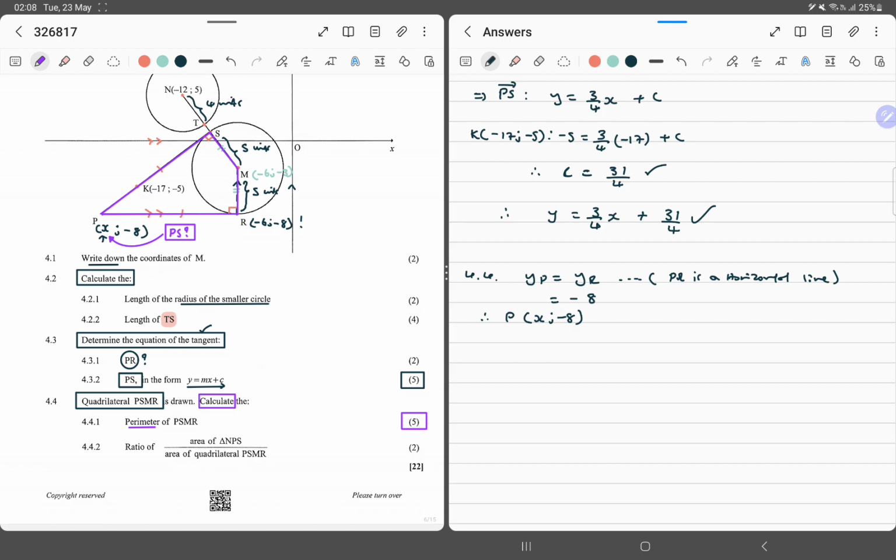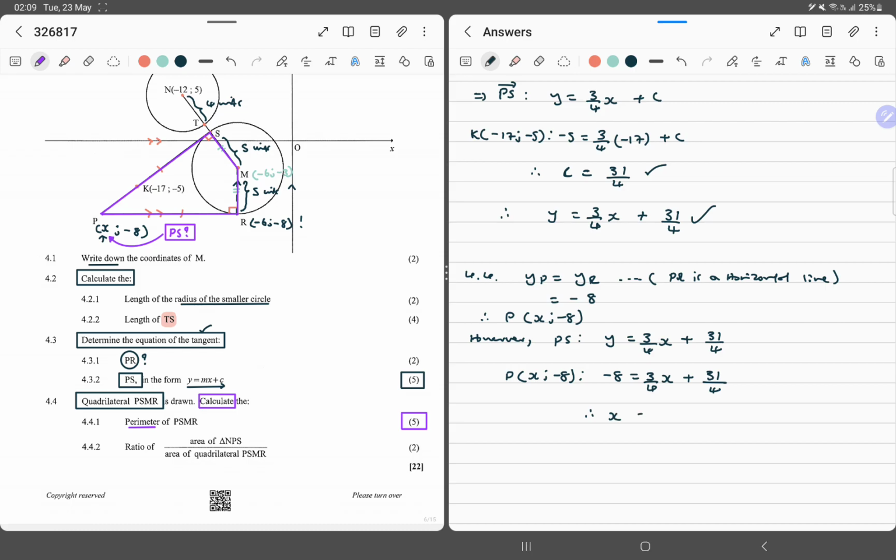Now the next thing we know, however, is that PS is such that y is equal to 3 over 4 x plus 31 over 4. Again, we determined that above. Then we can say through point P, which is (x, -8), it will be such that -8 is equal to 3 over 4 x plus 31 over 4.